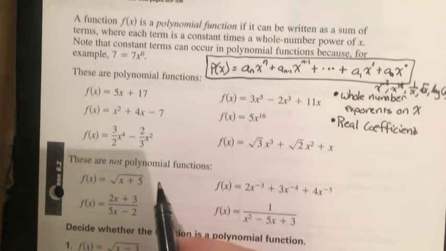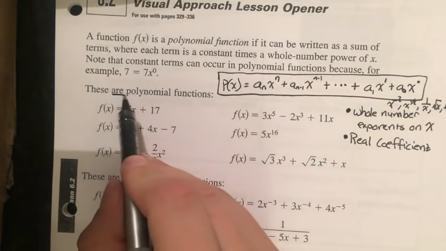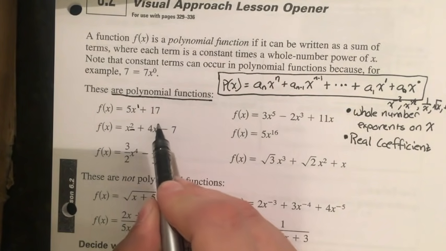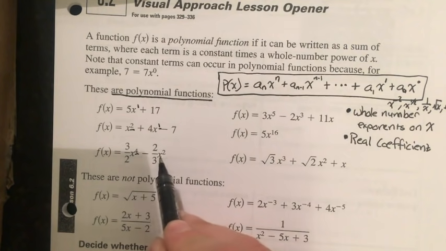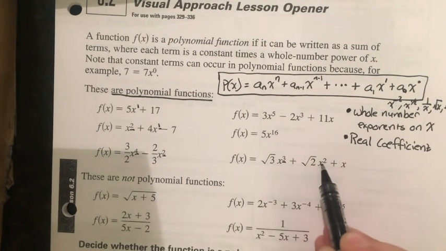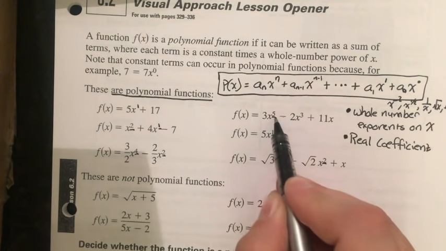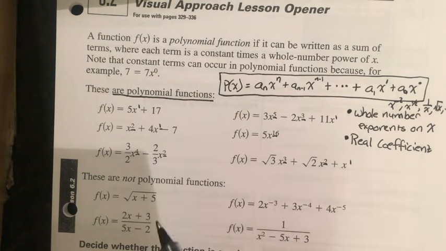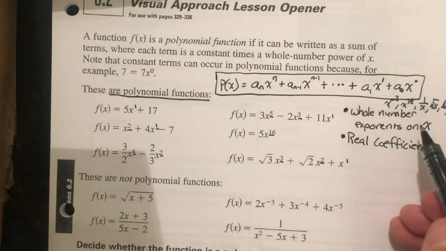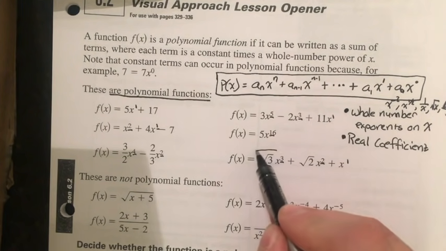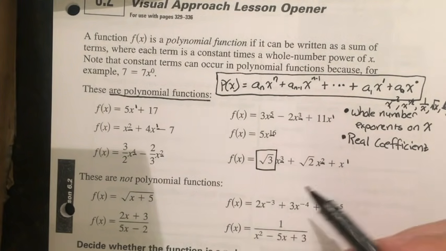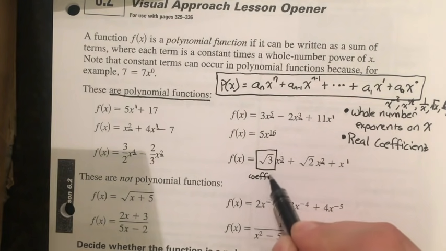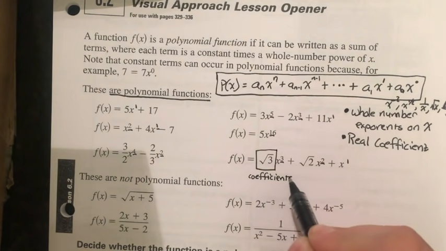So if we look through all of these examples that are polynomial functions, you'll notice that every single exponent on every single x is a whole number. Now you could say, well, Davis, you said something about square roots over here, and I see a square root in this equation. Well, you do, but this is a coefficient. Coefficients can have square roots.